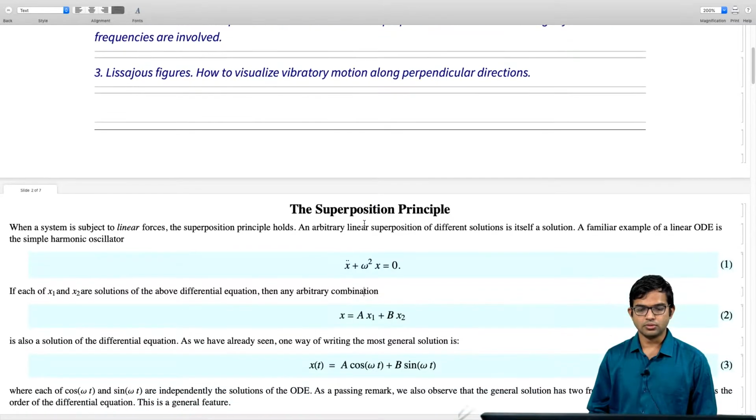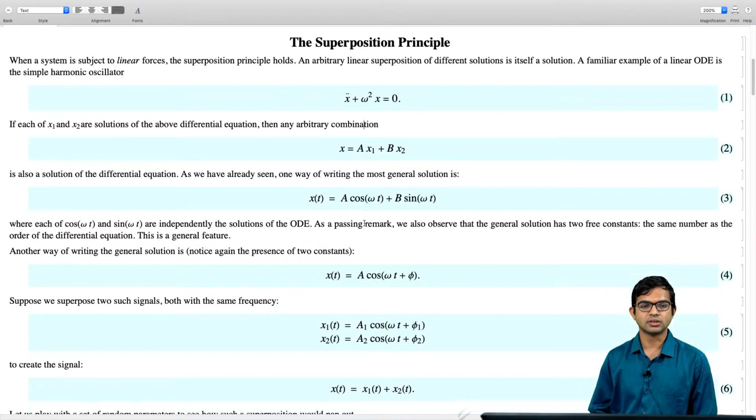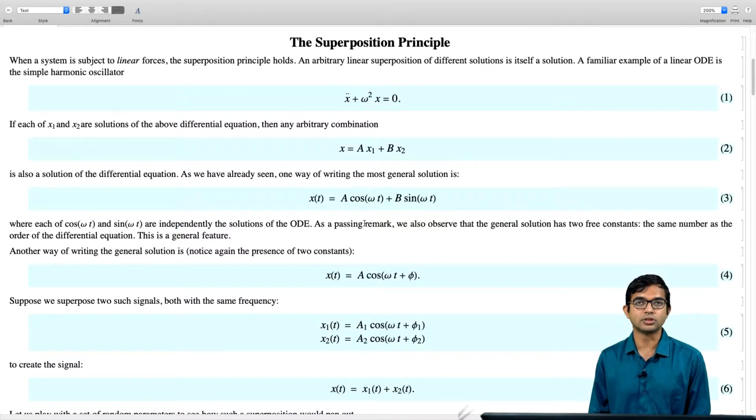All right, so the superposition principle says that if a system is subjected to a bunch of linear forces, so in some sense this is actually a definition of what constitutes a linear force. If the superposition principle holds, then it's linear in nature, and if the system is linear, then the superposition principle holds.